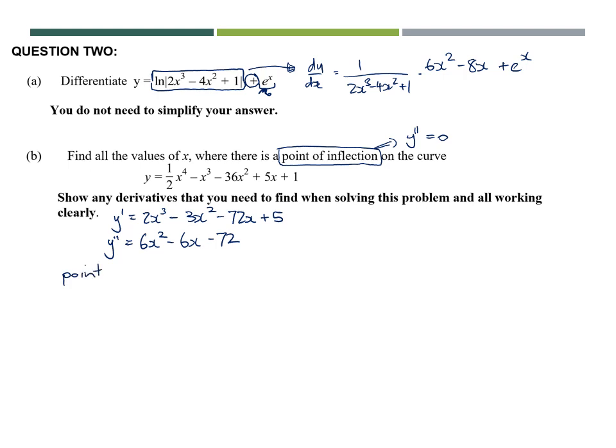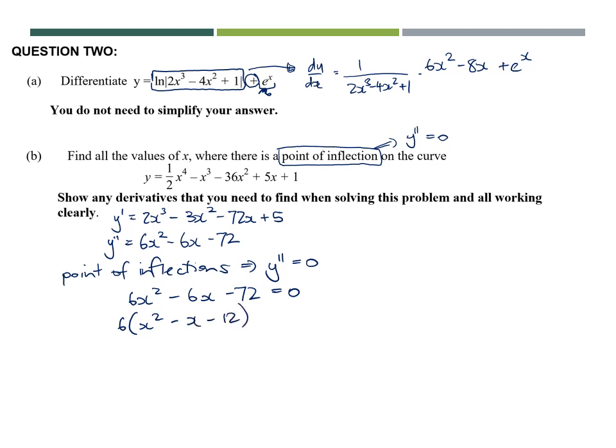Point of inflection assumes the second derivative is equal to 0, so now I've got to solve 6x squared minus 6x minus 72 equals 0. I can use my graphics calculator if I have one, or hopefully this here makes sense.